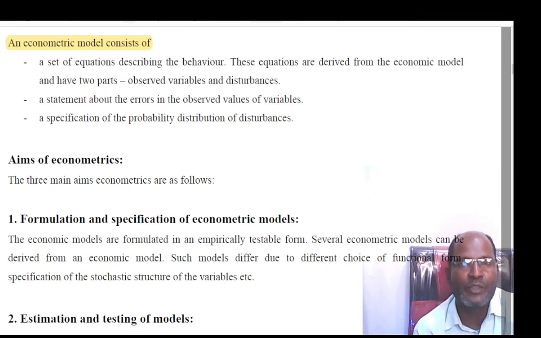And thirdly, a specification of the probability distribution of disturbances. These three things constitute an econometric model, so we have to remember them. These are the most important constituents of an econometric model.